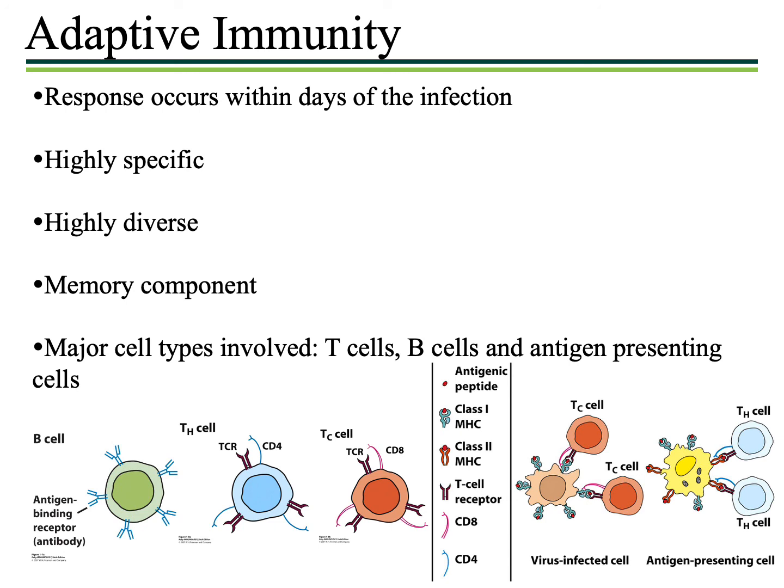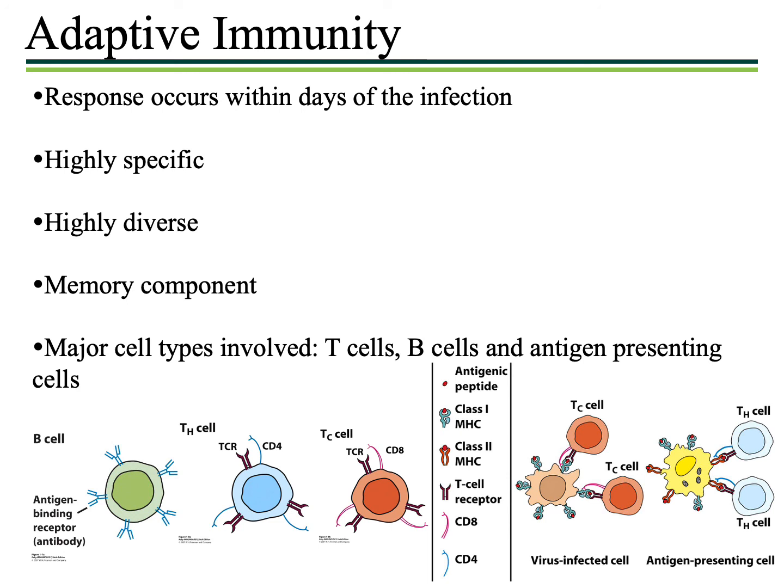The specificity allows us to identify a specific pathogen, whereas the diversity of the receptors is what allows for that specific detection to take place. This is in contrast to the innate immune response, where in comparison there is a much more limited number of receptors involved in the recognition process.